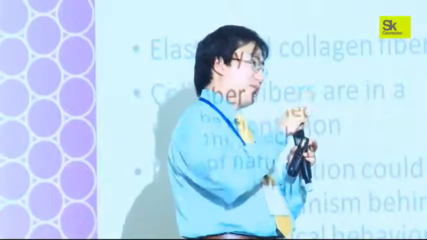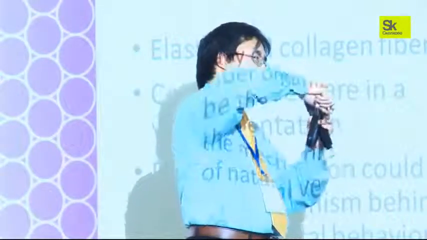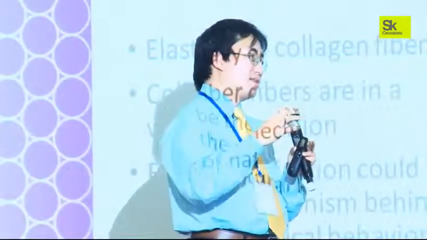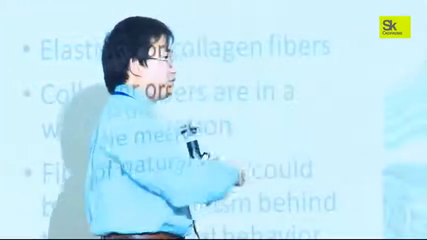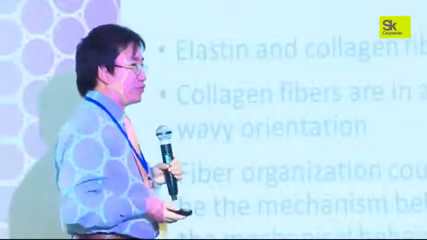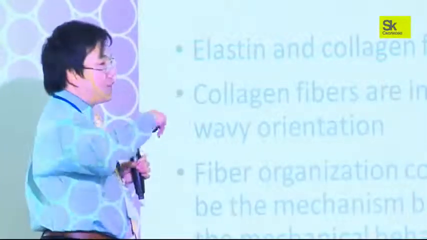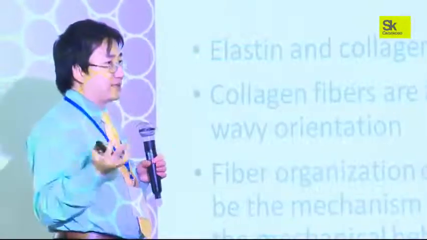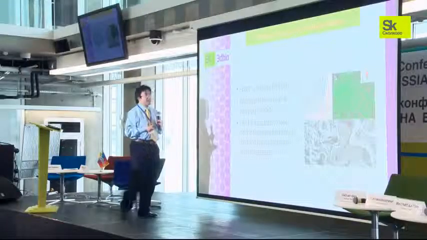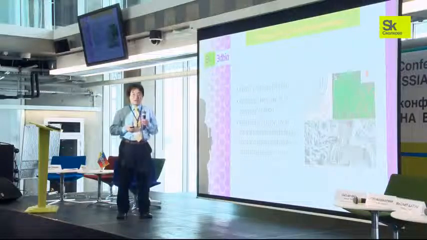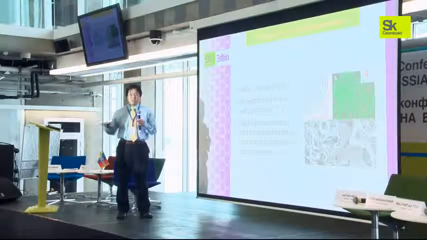When the load becomes high enough, all the collagen fibers are straightened out, then they start to bear the load. That's why you see the J curve. Currently, there's no technology to mimic the wavy collagen structures in the vascular graft. That's why there's no good vascular graft for small diameter vessel replacement.